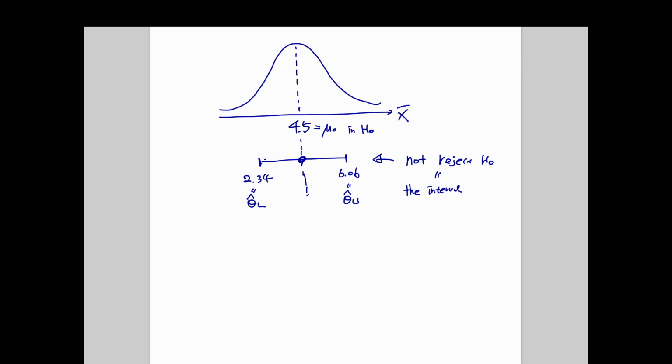The result of the confidence interval equals the result in the hypothesis testing using the significance level of 0.05, that is 5%. Okay.